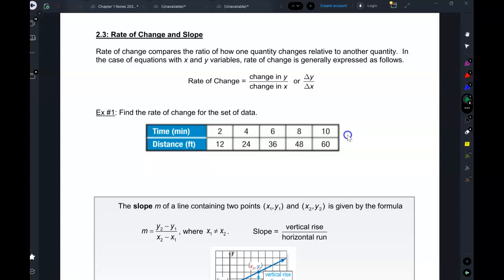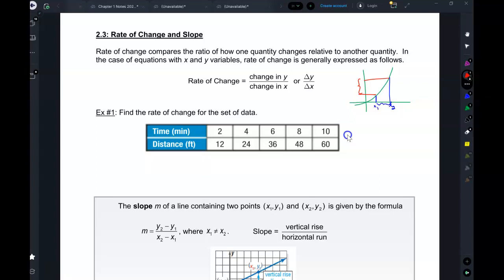For example, if you have something like this, this is one x value, this is another x value. The rate of change is: if you change the x's by that much, how much do the y values change?